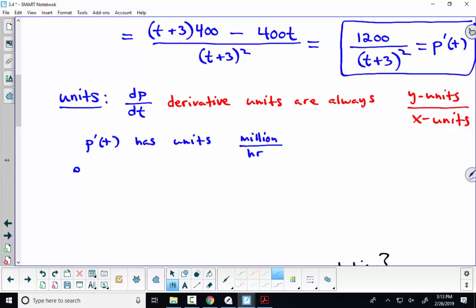So for example, if we compute p prime of 0, what do we get? Well, that's 1200 over 9, divided by 3.